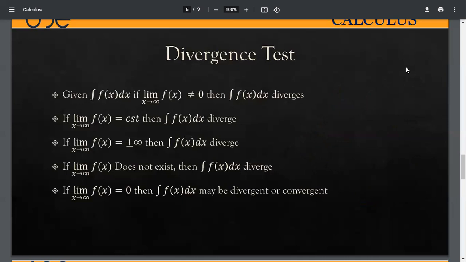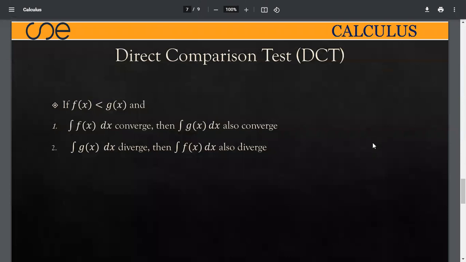I repeat, if the limit of f of x is equal to 0, then this integral is not necessarily divergent, or it's not necessarily convergent. We say that divergence test fails, or the divergence test is inconclusive. To move on to the power axis, or the growth of function axis we've discussed before.